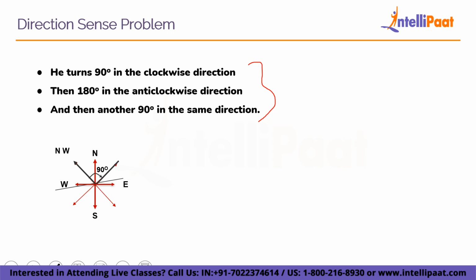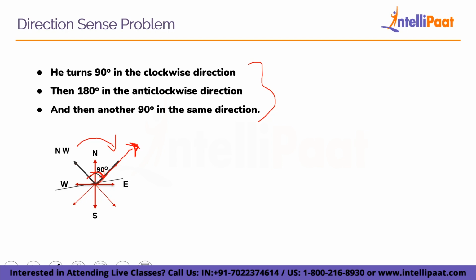First information says that the man turns 90° in the clockwise direction. So this is how a clockwise direction is. So the man is first turning 90° in the clockwise direction, and after turning 90°, the man will be in this direction, northeast direction, right?